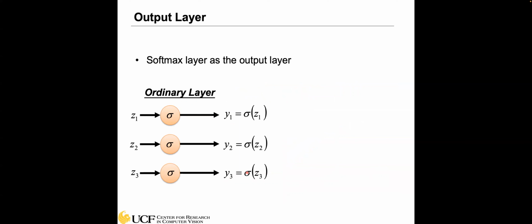Okay, so that's the activation function, which is an important component in a deep neural network. Another component in this network is the softmax layer, which is at the output layer. For an ordinary layer, the value goes through the activation function, and essentially we can generate arbitrary values.